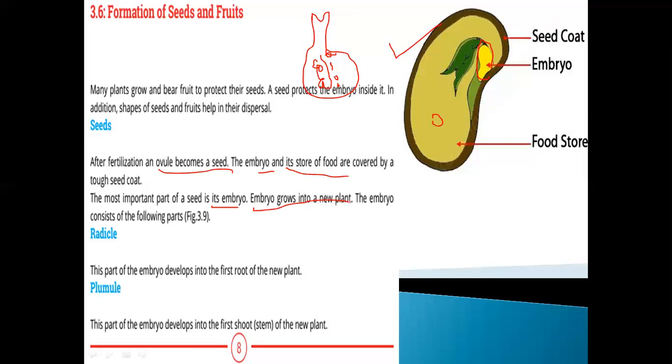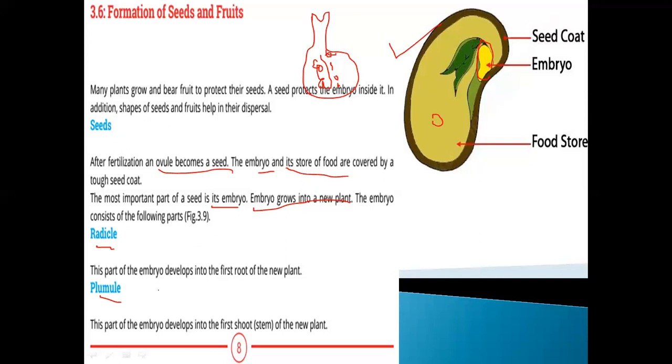The embryo grows into a new plant, and when we sow this seed, this embryo grows into different parts and a plant arises from this embryo. A radicle and a plumule are the two very important parts of this embryo.